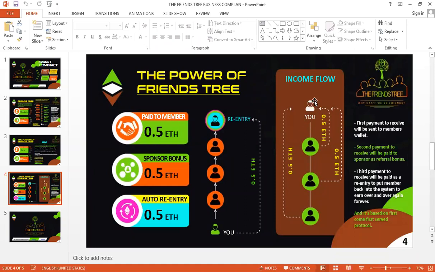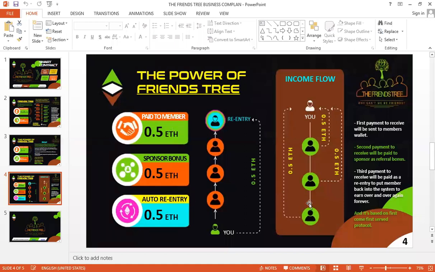So here it is, you. Again, you are the one over here, and now these three users are the ones paying to you. Now this is what happens. The first payment you receive from the first person will be sent to you, the member, your wallet directly. And we can see that over here as paid to member, 0.5 Ethereum.